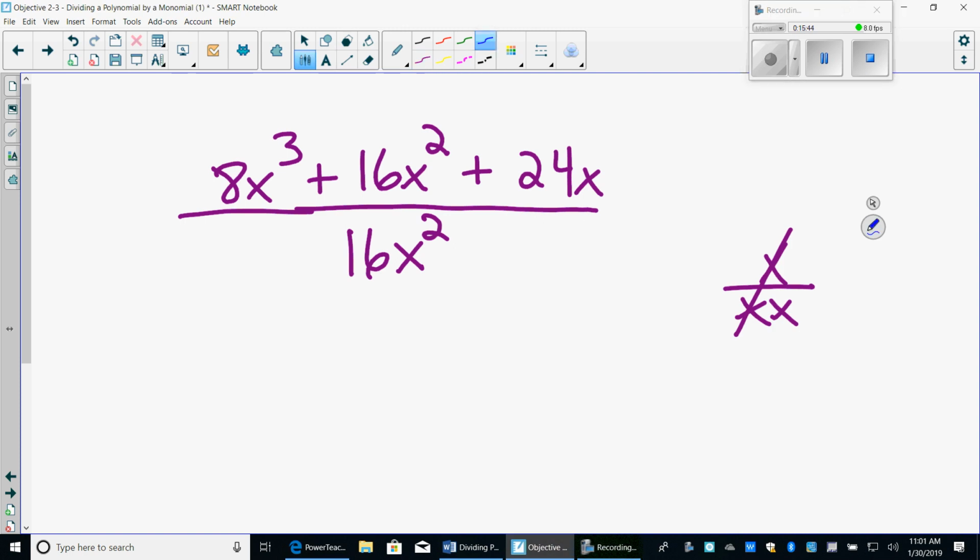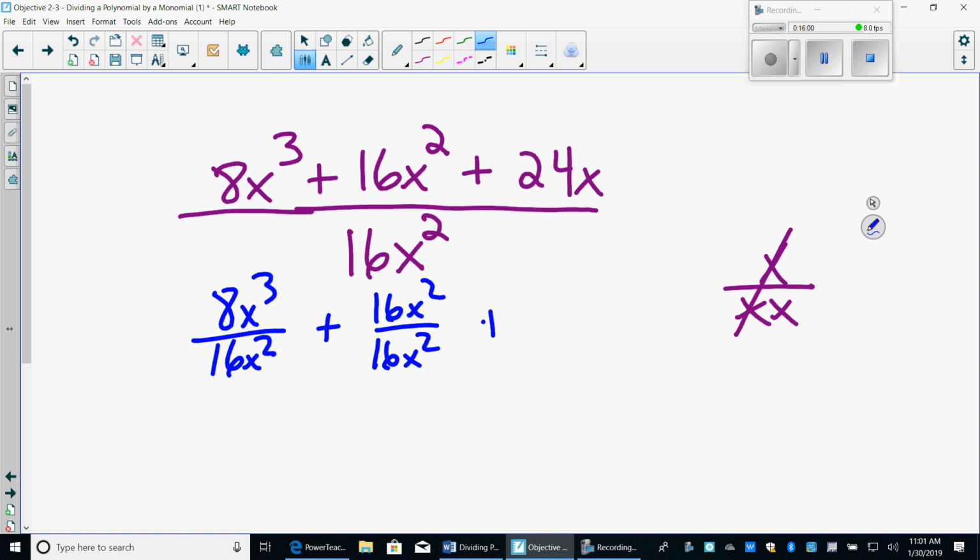All right, step 1. We're gonna separate it all, and we're gonna make itty bitty little fractions. Okay, so 8x cubed is being divided by 16x squared. 16x squared is being divided by 16x squared, and 24x is being divided by 16x squared. Are you with me so far?